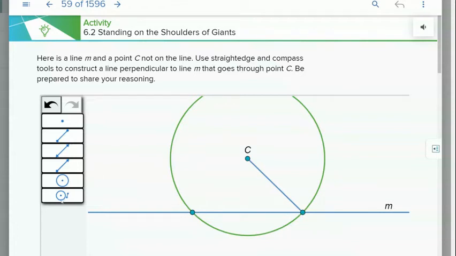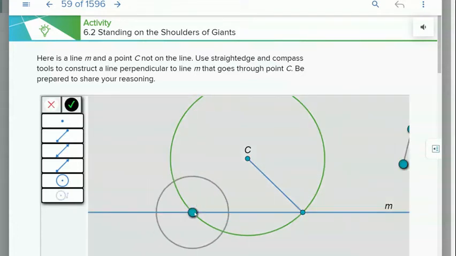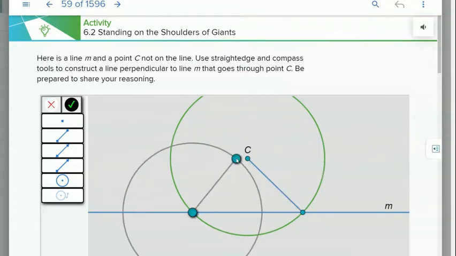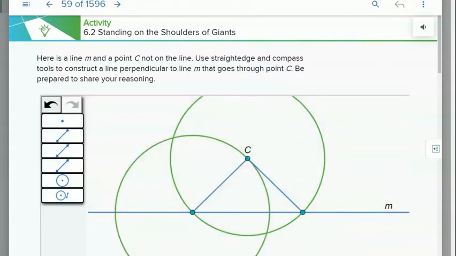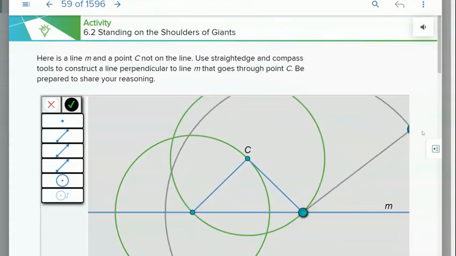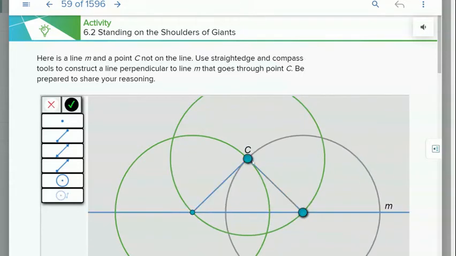Now, using those two points of intersection, I'll use the compass again. I will start creating a circle centered on one of the points of intersection with a radius that goes out to point C. I will do that again, except on the other point of intersection with the same radius that goes out to C.